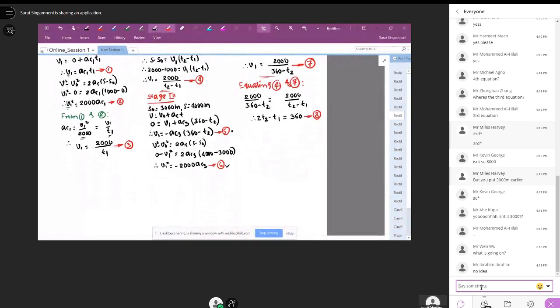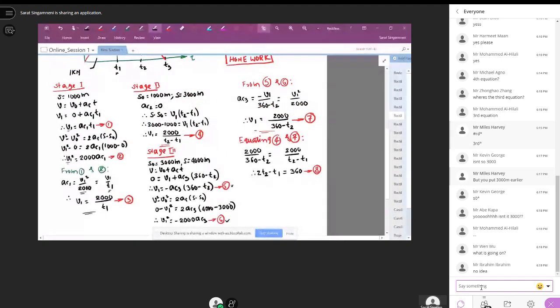We're close to the end. Now equations 3 and 7. Equation 3 is V1 equal to this. Equation 7 is also V1 equal to that.